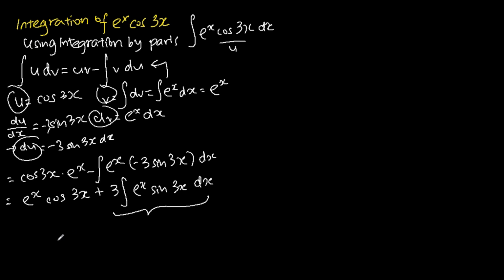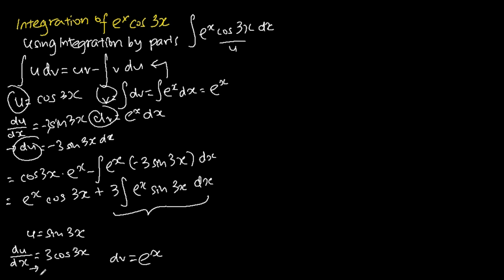The next step is to perform the integral of the second term using the integration by parts formula. This time, we let u equal sine 3x, and we let dv equal e to the power x. To find du, we differentiate u with respect to x. This gives us 3 cosine 3x.